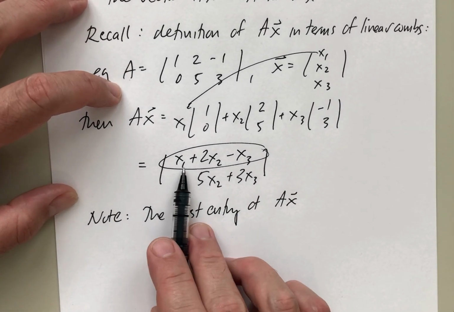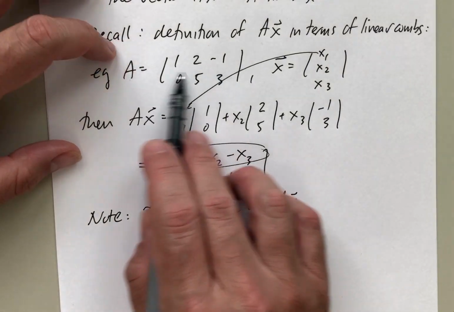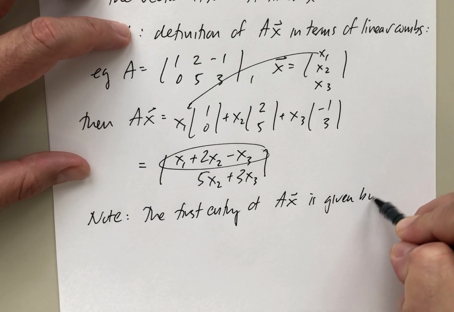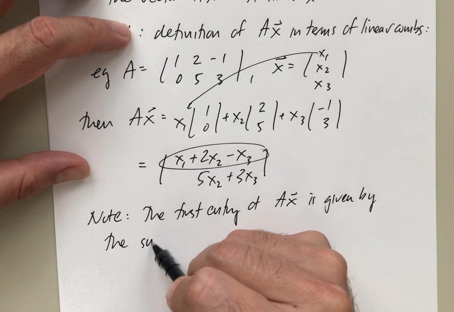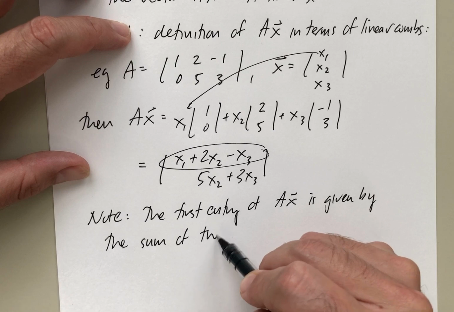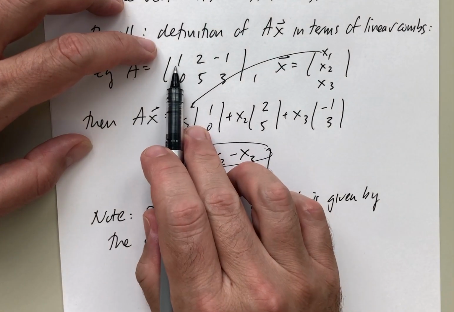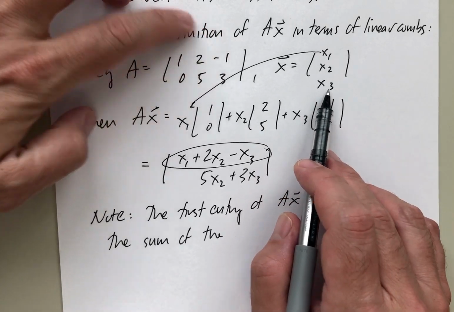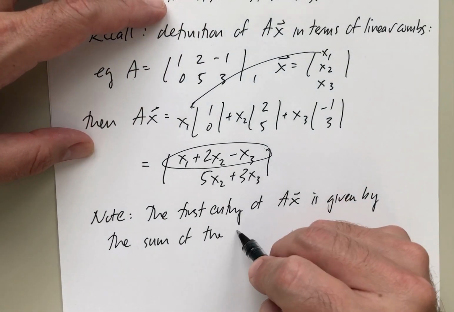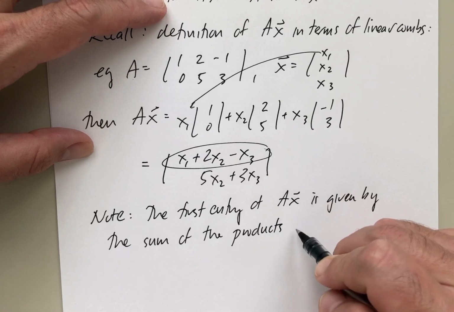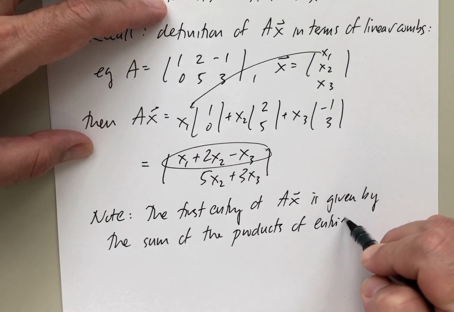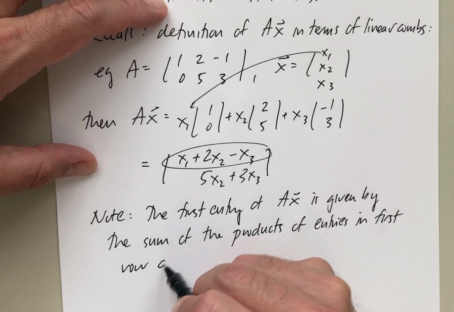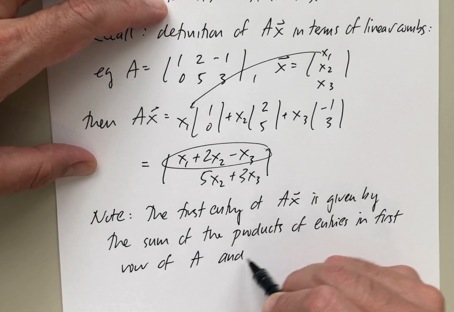Notice that the way I got this entry is actually determined by the first row of A. So this is given by the sum of the products of the entries in the first row of A and the entries of the vector x.